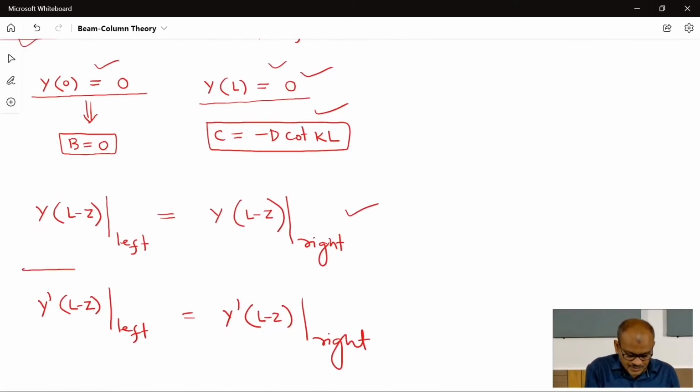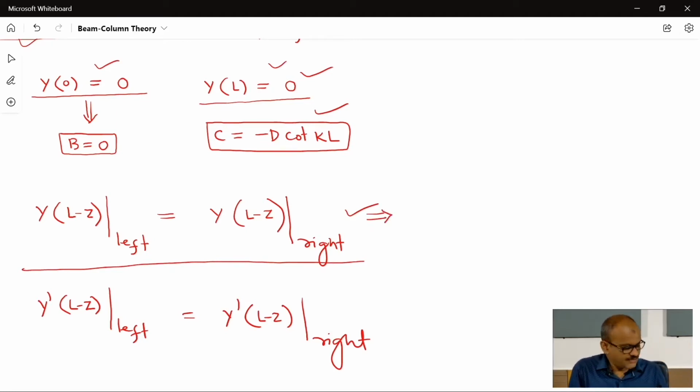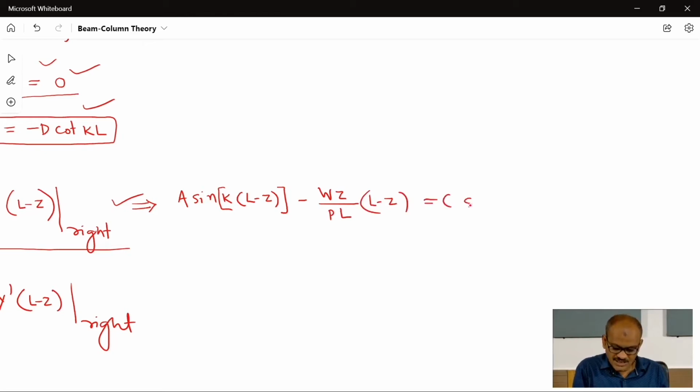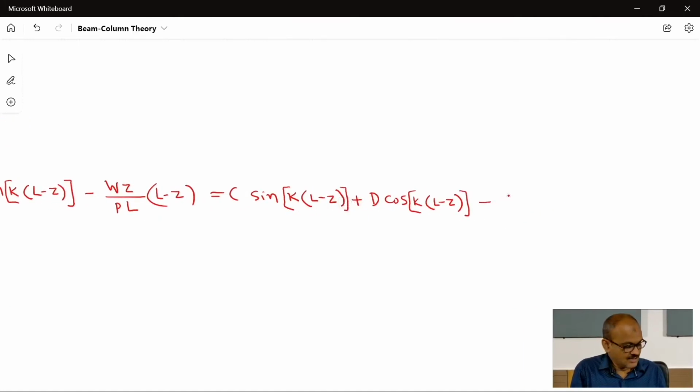If you use this equation, it will be in this format: A sin k(L minus z) minus Wz divided by PL into (L minus z) is equal to C sin k(L minus z) plus D cos k(L minus z), and minus W(L minus z) divided by PL into z.